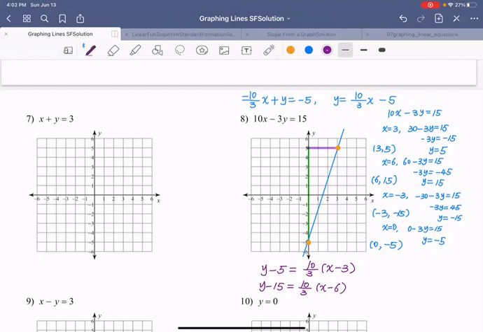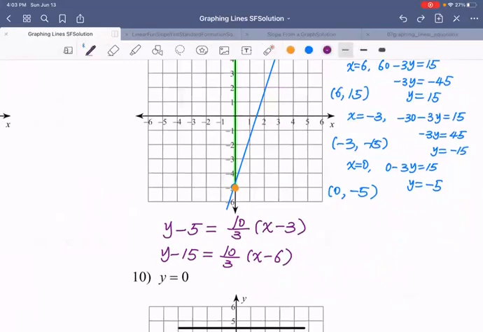Correct? Yes. And you might wonder, these two look so different. Are they the same? I tell you, they are exactly the same. Let's give it a try. Here is 10/3 x minus 10/3 times 3, which is 10. Correct?